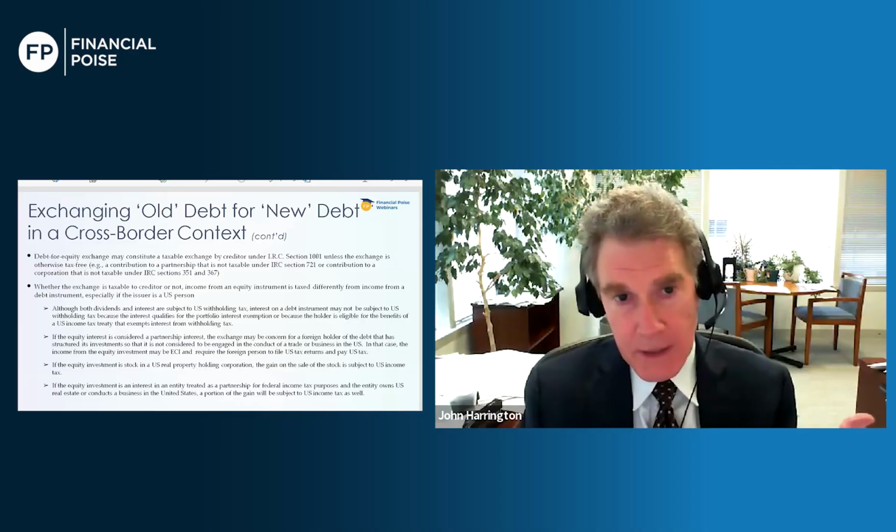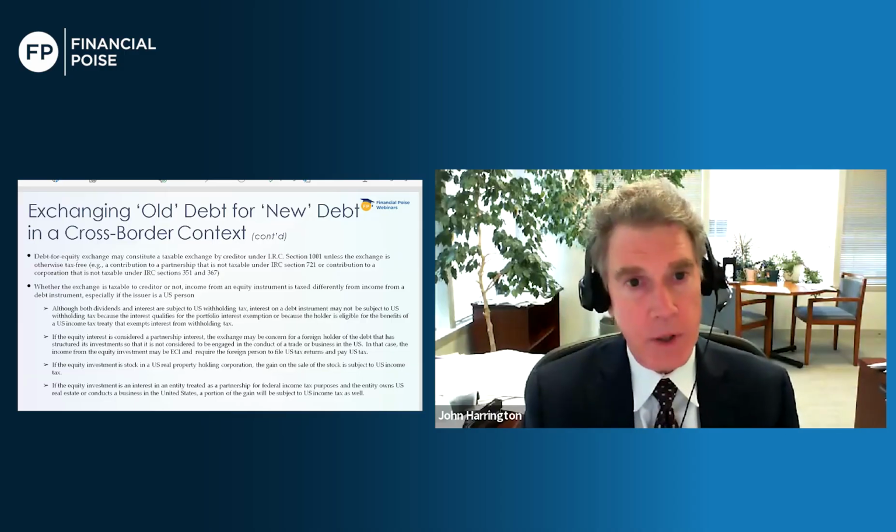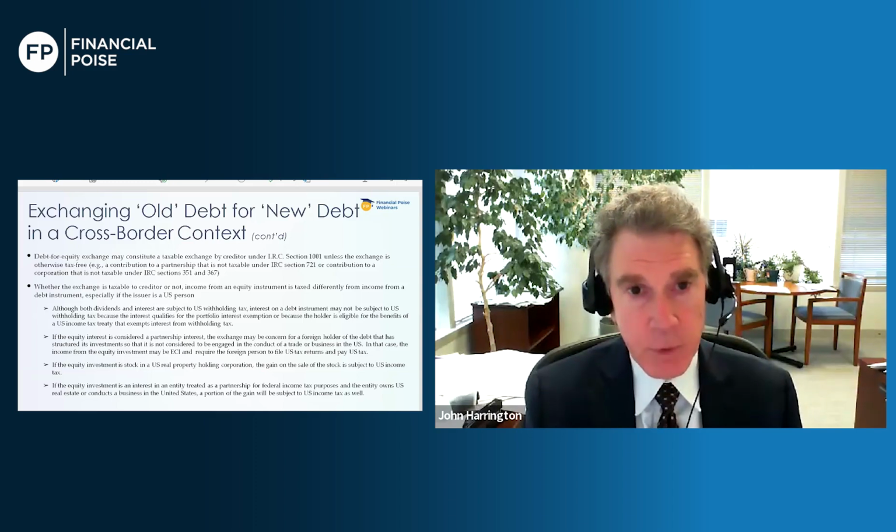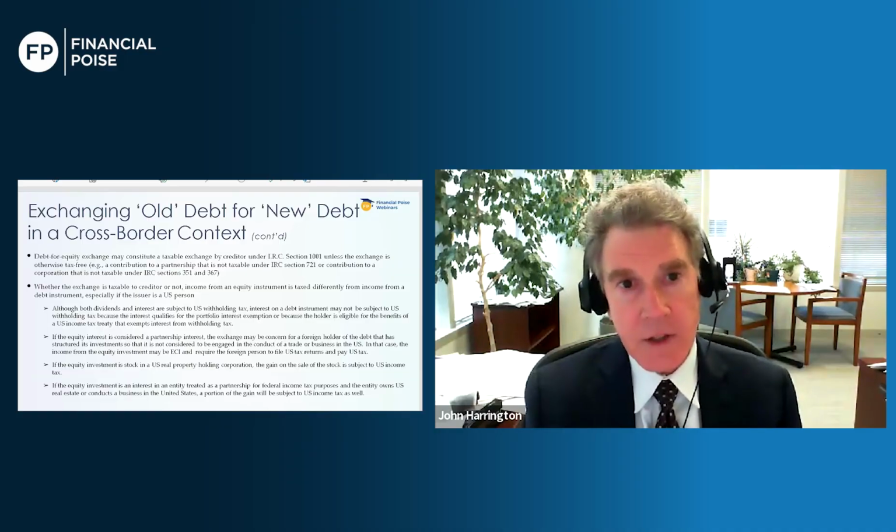For a foreign person, again, it doesn't matter if it's taxable or not, as long as it's not a U.S. real property interest like David referred to, or effectively connected income, then you're not subject to tax. But you've changed the nature of the holding, and that can be a really big deal to a non-U.S. person holding this.